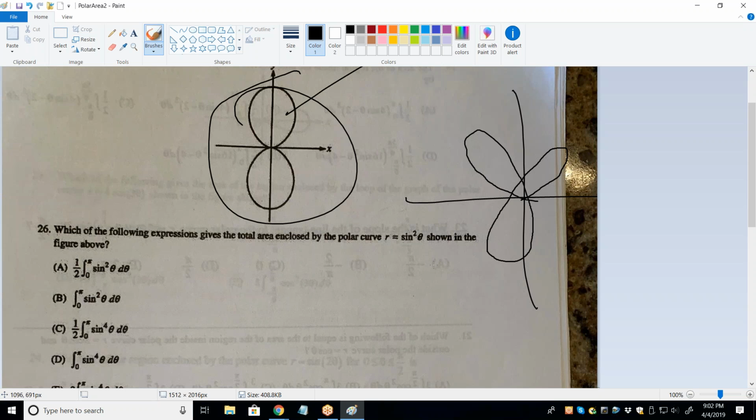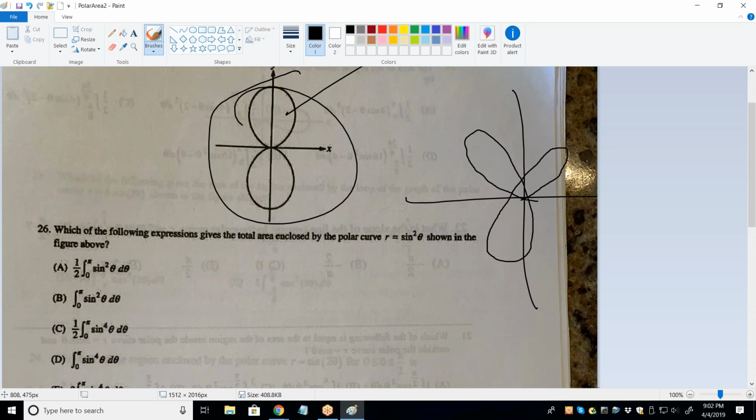Okay, so it doesn't matter the amount of petals. It's just 0 to pi will trace it once, and 0 to 2 pi will trace it twice. Yes. That's a good thing to know for petals, because it's not that easy to figure out otherwise. I mean, you could list a table of r's and thetas, and you could figure out that this thing gets traced out once when you go from 0 to pi.